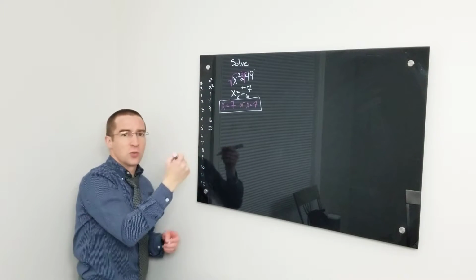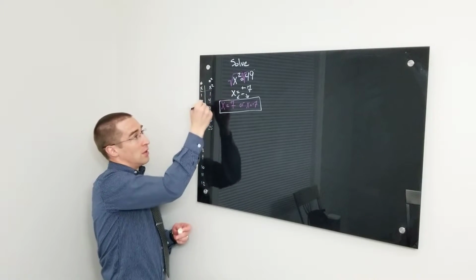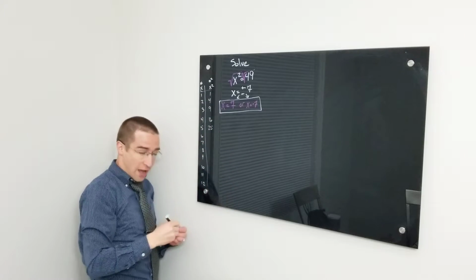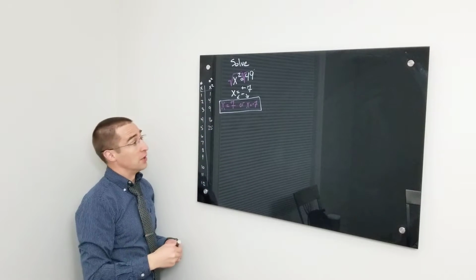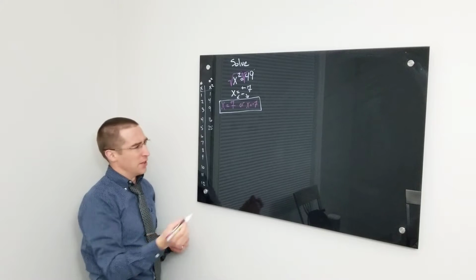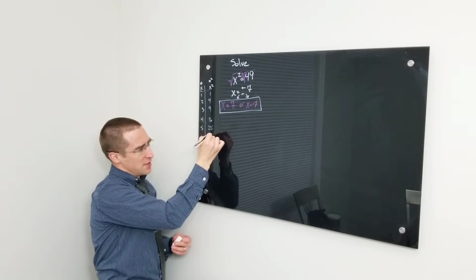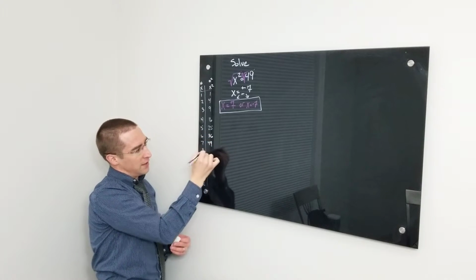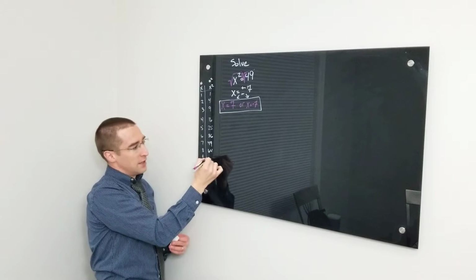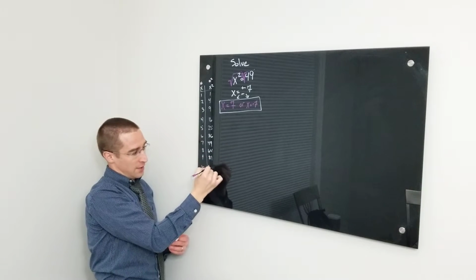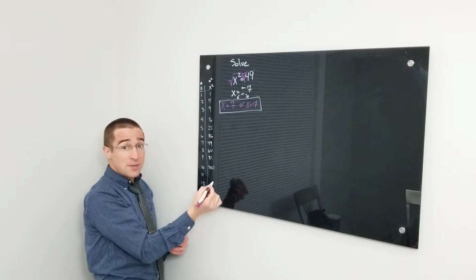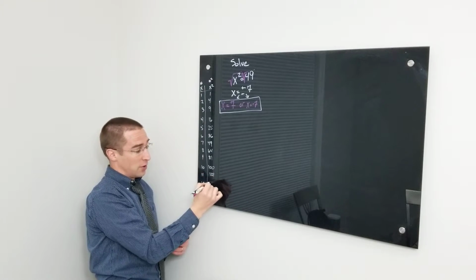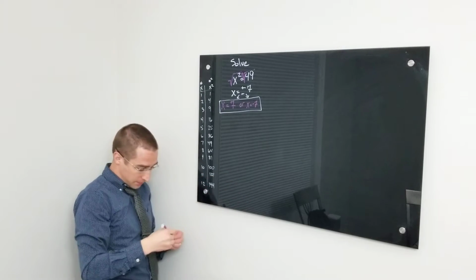It'd be really good just to write these down on your paper so that you have them to refer to. So you don't have to keep hitting that square root button all the time. So here 6 squared is 36, 7 squared is 49, 8 squared is 64, 9 times 9 is 81, 10 times 10 is 100, 11 times 11 is 121, 12 times 12 is 144.